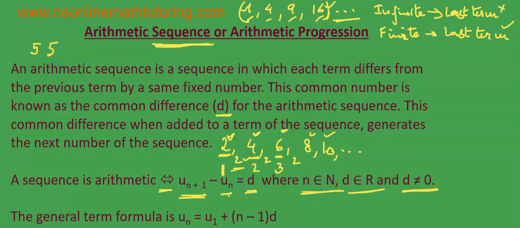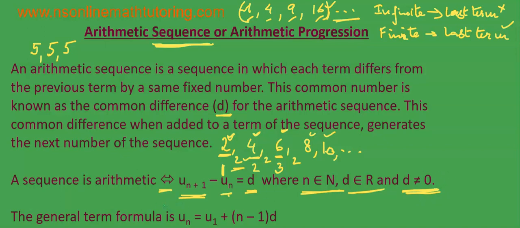And if I add the common difference 0 to the second term, I should be getting the third term. So 5 plus 0 is again a 5. Therefore, I am seeing that if the common difference is equal to 0, I get a sequence of identical terms. I do not get new terms. Hence, I have included this condition: d is not equal to 0.